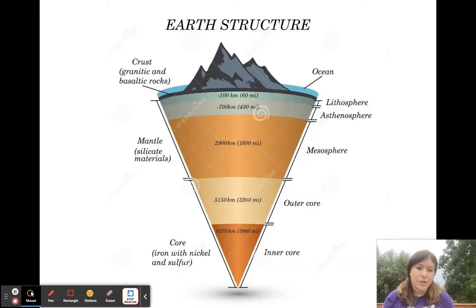On the right side, which is actually what we will tend to use more in this unit, is breaking out layers into how they act. So not necessarily what they're made out of, but their state, whether or not they flow, and how they respond to different stimuli. Okay, so up at the top, what we call the crust is the lithosphere here.